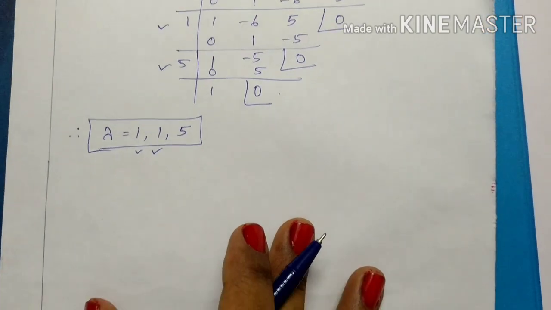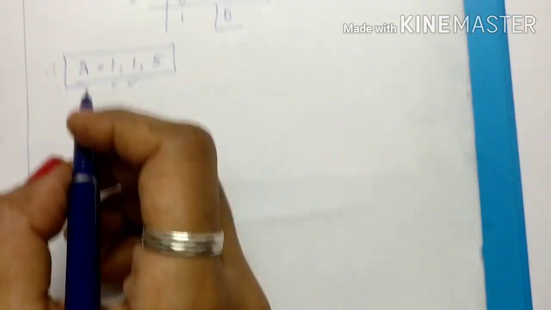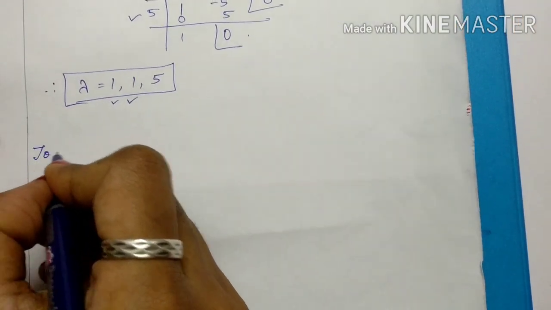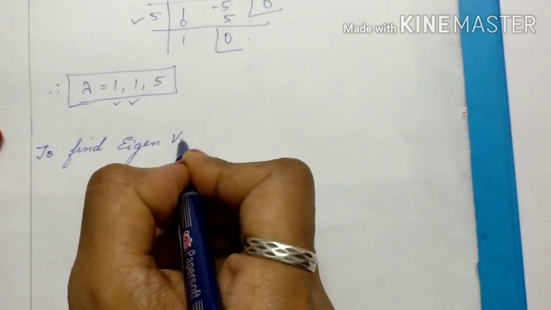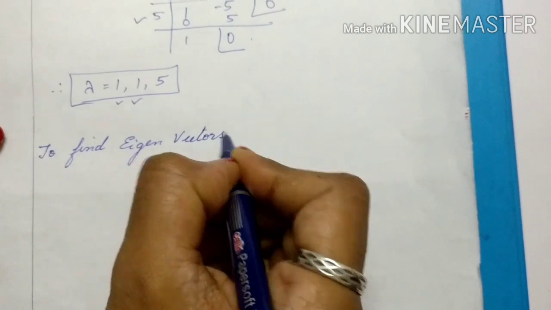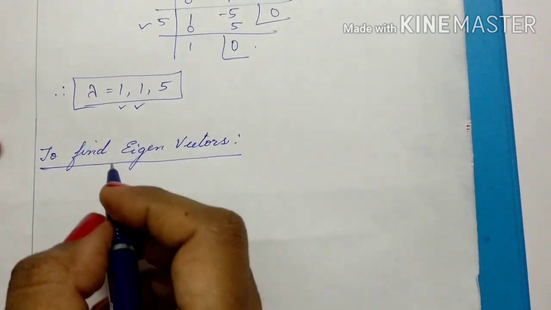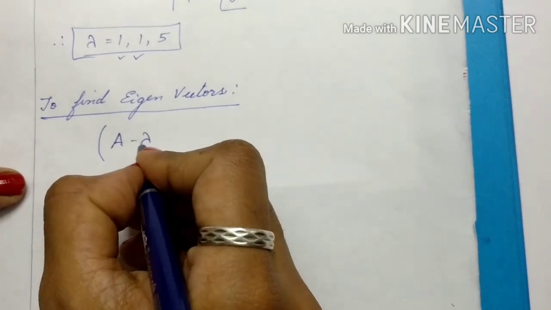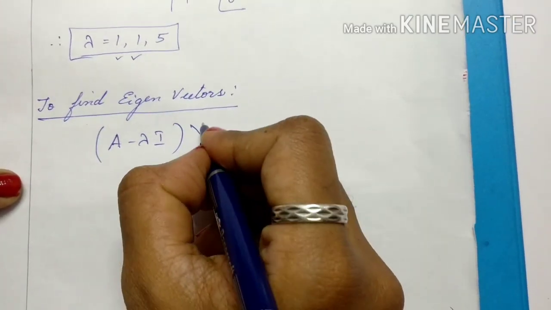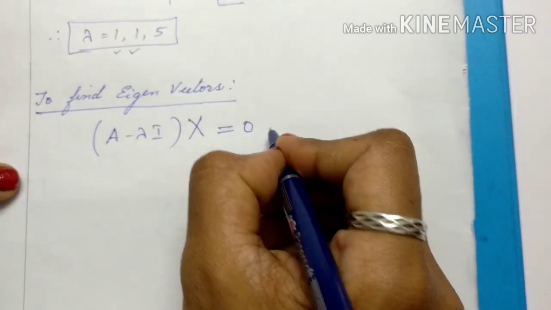So the next step is to find eigenvectors. To find eigenvectors, you have to remember that matrix A minus lambda I into the x vector is equal to 0.